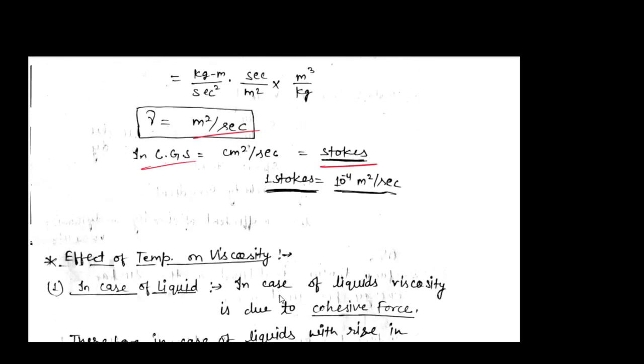So what are the effects of temperature on viscosity? In the case of liquids, viscosity is due to the cohesive force. When the temperature rises, the viscosity decreases because the cohesive force decreases, as the particles tend to move away from each other.